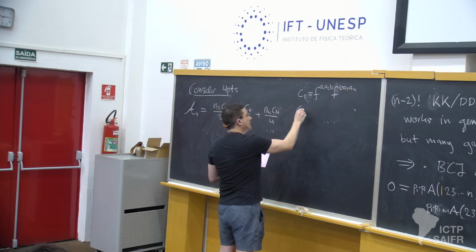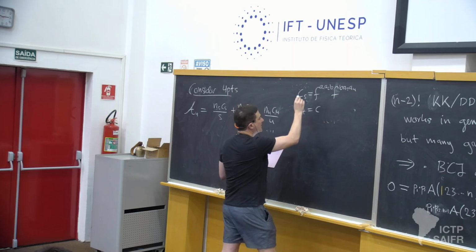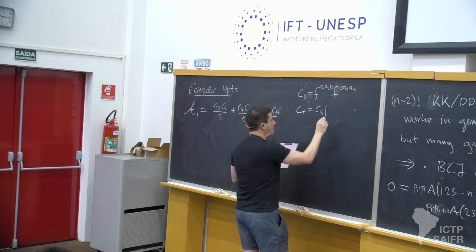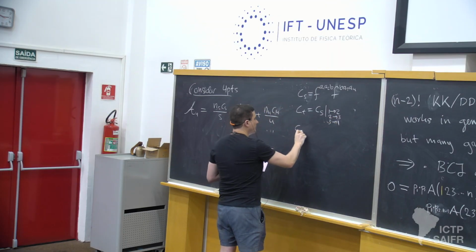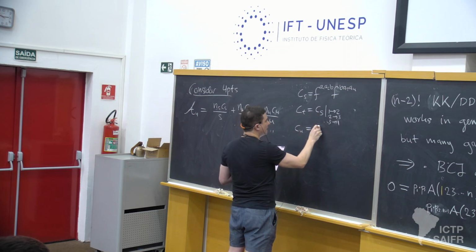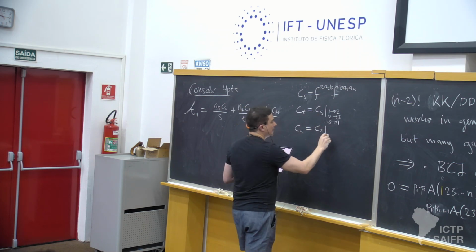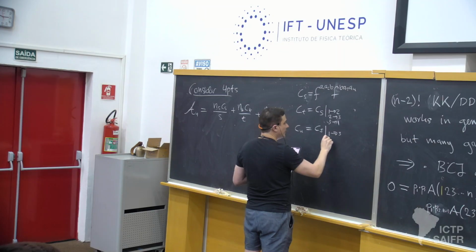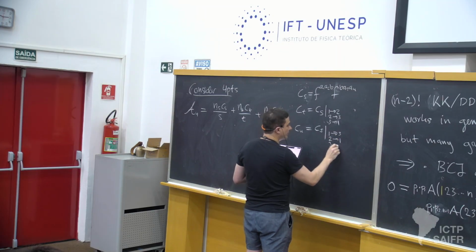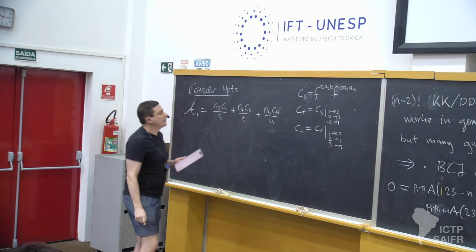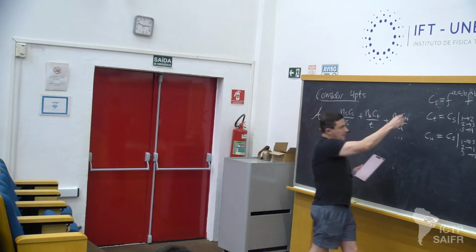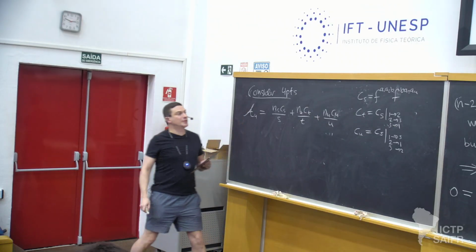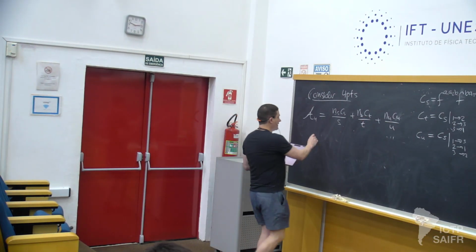And then CT is actually just a permutation of the above, so we can write it as 1 goes to 2, 2 goes to 3, 3 goes to 1, and CU is also a permutation of the above, so basically CS, and then 1 goes to 3, 2 goes to 1, 3 goes to 2. Just a cyclic permutation. And then now here I basically fixed my sign convention. So in this sign convention, the Jacobi identity looks as follows.